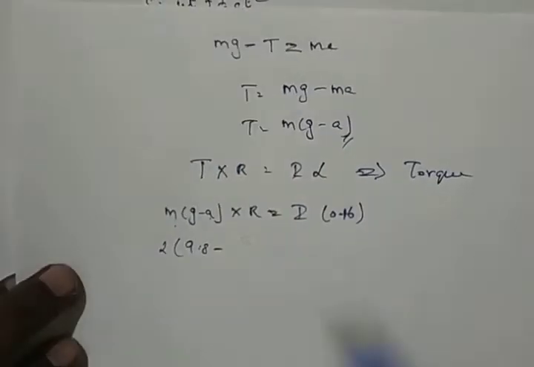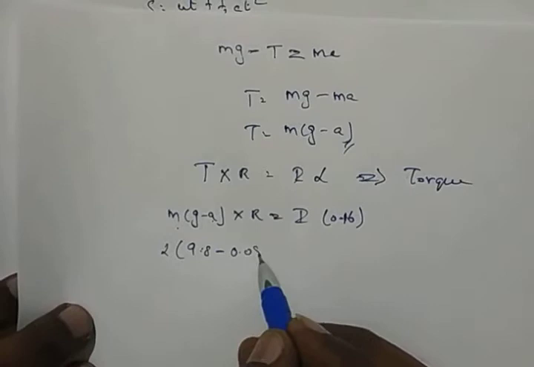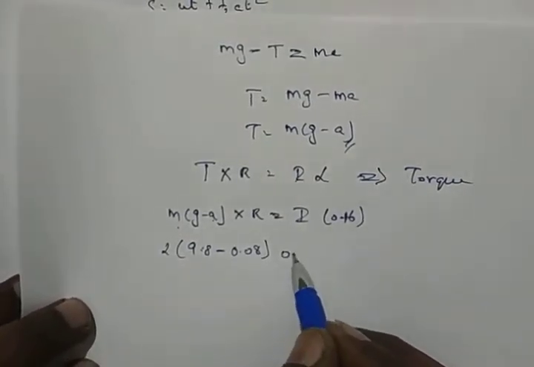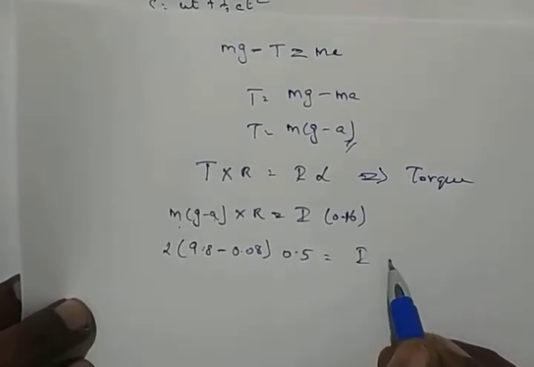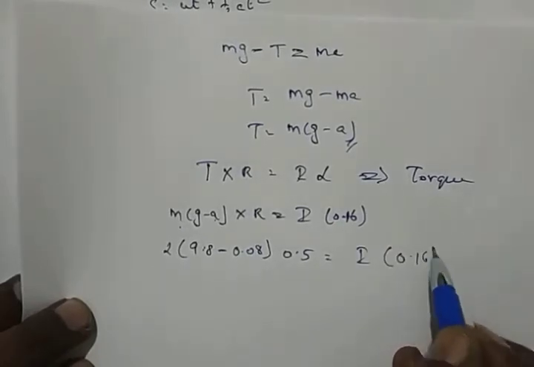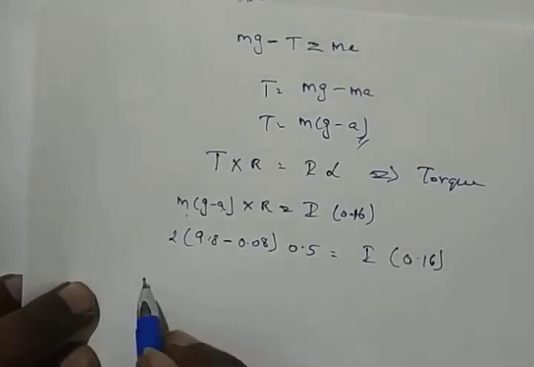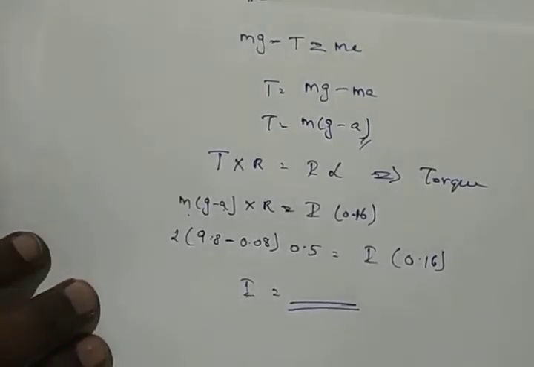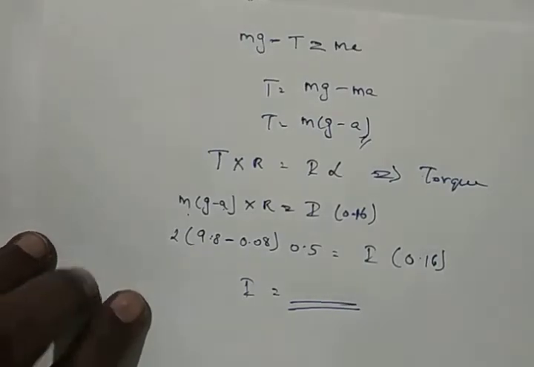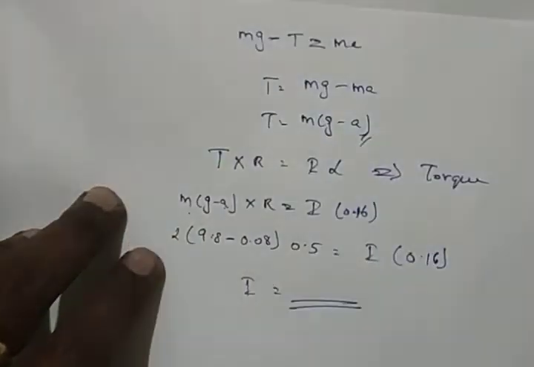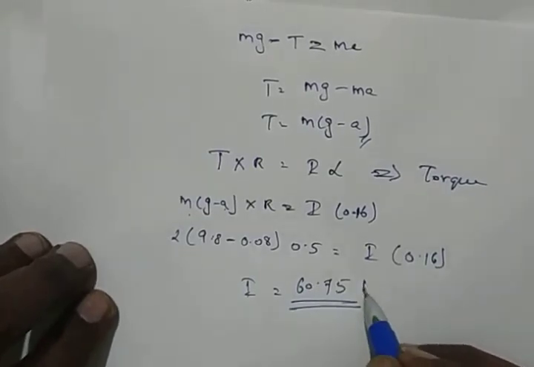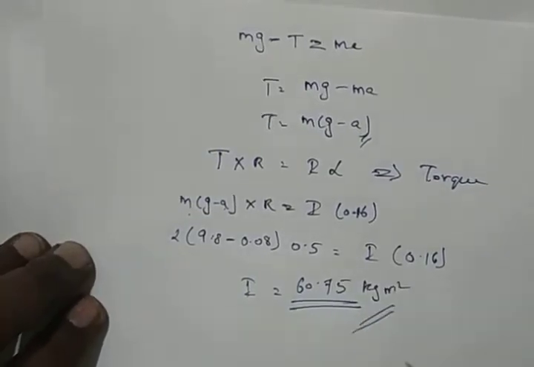So that it is 0.08 into radius. What is the radius? It is 0.5. It's going to be I into 0.16. So substituting everything, you will get a value of I. Okay. So try to find out the value of I. You will get the answer. I am just writing it from the book itself. It is 60.75 kg meter square is the answer you will get.